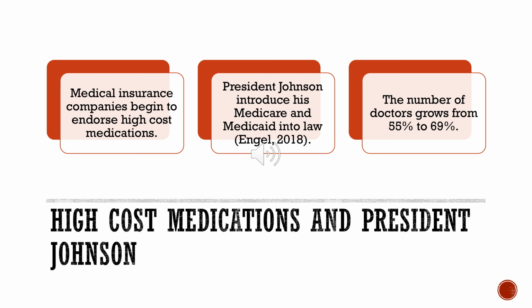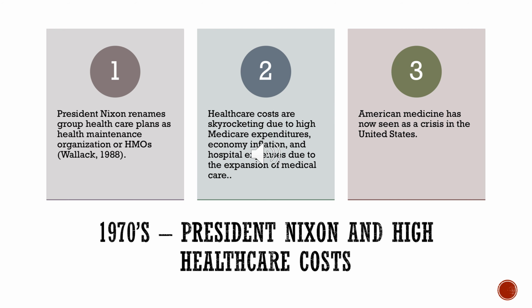Medical insurance companies begin to endorse high-cost medications. So medical insurance companies are wanting people to be prescribed these medicines. President Johnson is introducing Medicare and Medicaid into law, so they're finally calling these government-funded programs Medicare and Medicaid. The number of doctors grows from 55% to 69%.